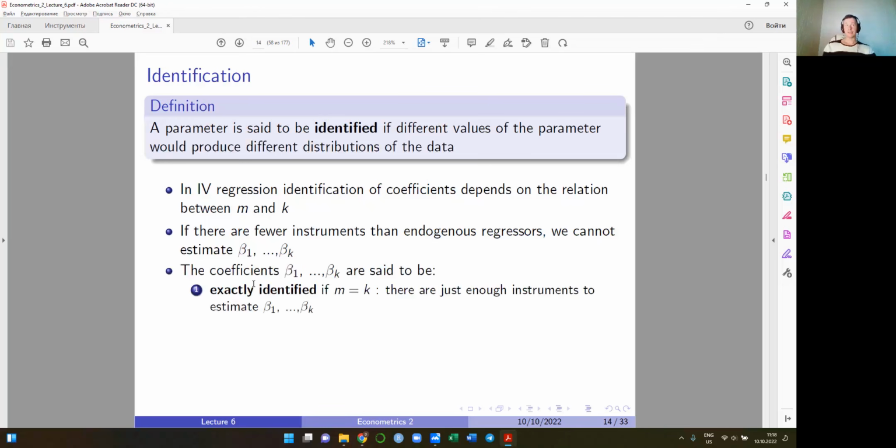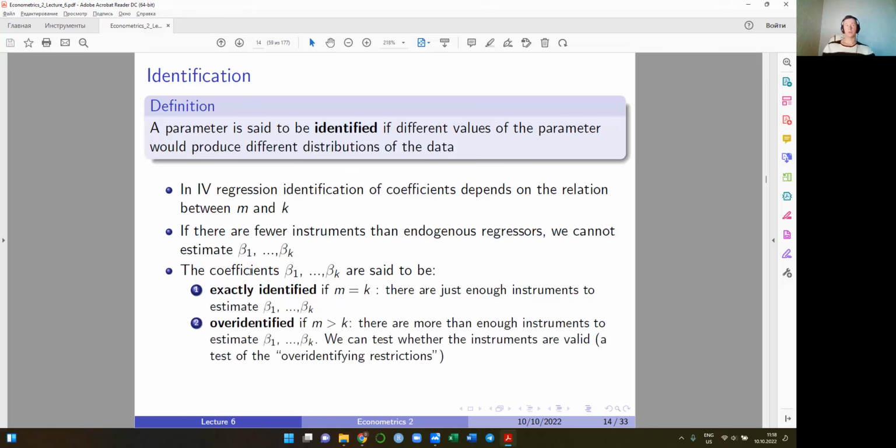So we call the coefficients beta 1 to beta k exactly identified when the number of instruments equals the number of endogenous x's, problematic variables. There are just enough instruments to estimate betas. We call coefficients over-identified when we have more instruments than endogenous variables.